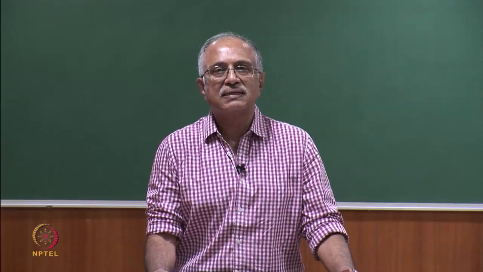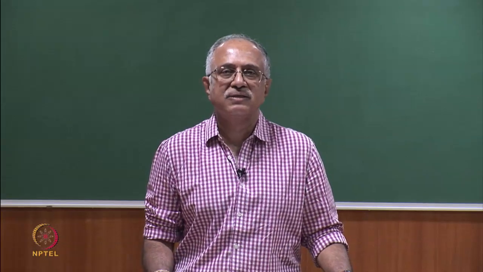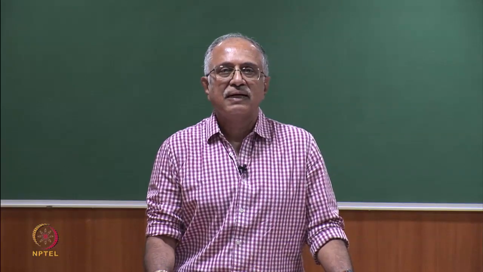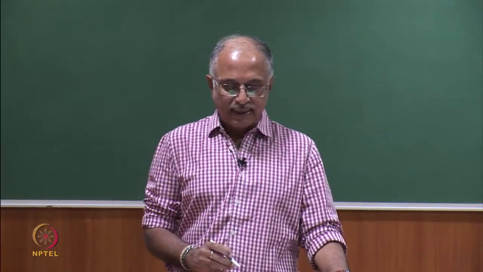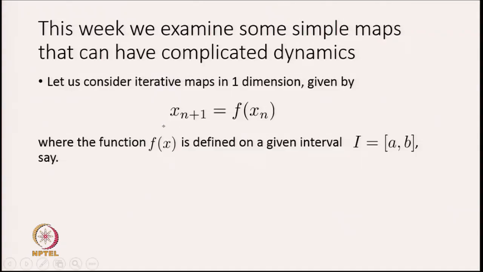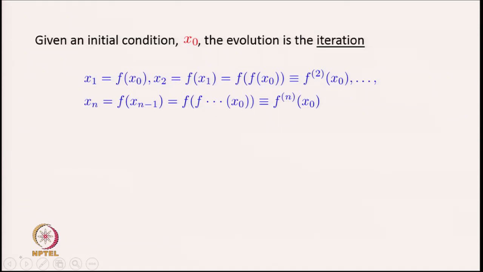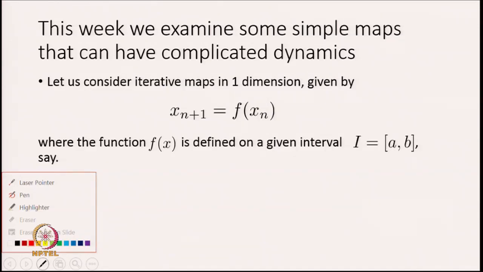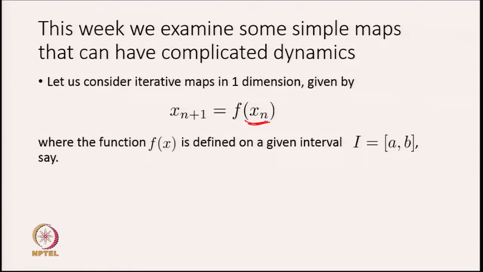In order to do that, it is simpler to look at iterative maps in 1 dimension, and they are given essentially by the following kind of equation: given any point x_n, the recipe for going from x_n to x_{n+1} is to operate by some function f(x).